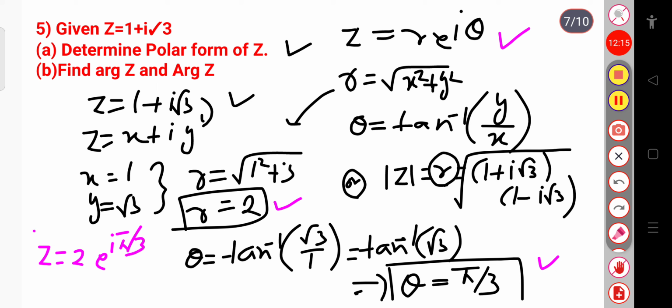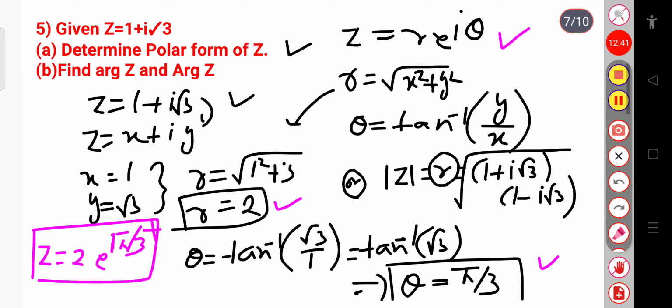So this is the polar representation of z, that is 1 plus iota root 3, equal to z equal to 2 exponential iota pi by 3. Or also you can write it as pi by 3 plus 2k pi, z equal to 2 exponential iota pi by 3 plus 2k pi, okay.